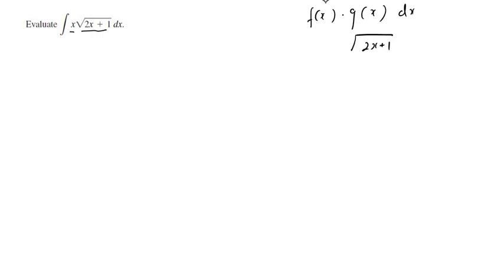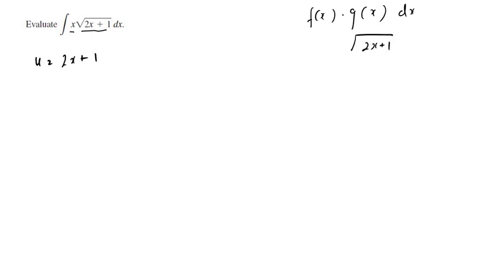When you differentiate 2x plus 1, we get 2, and you can get rid of this if you substitute it as u. So let's start by substituting u as 2x plus 1.